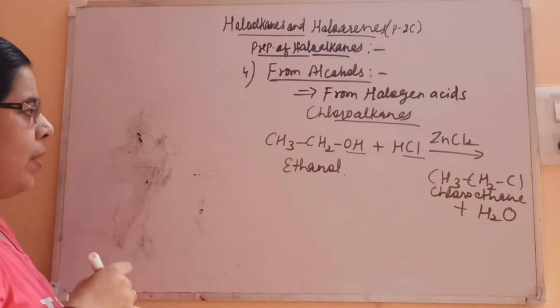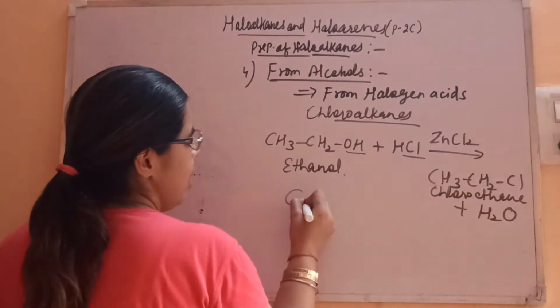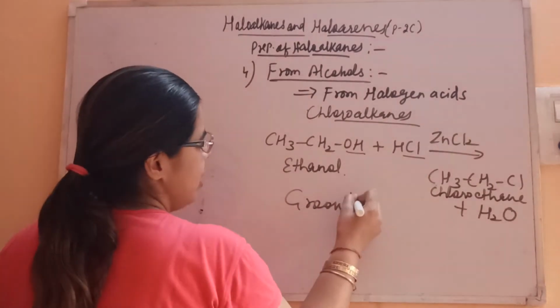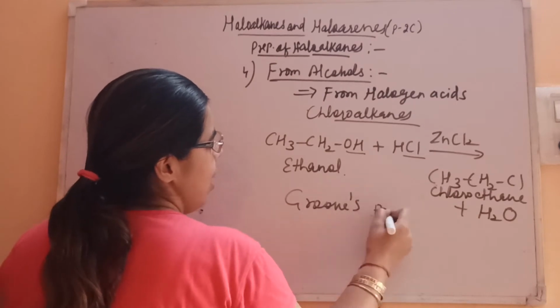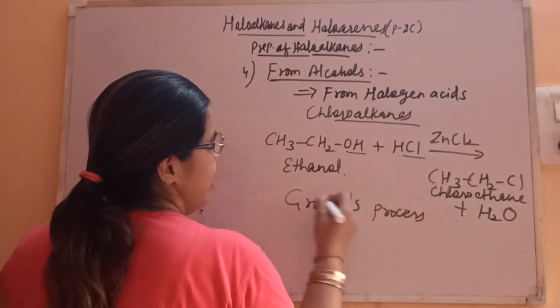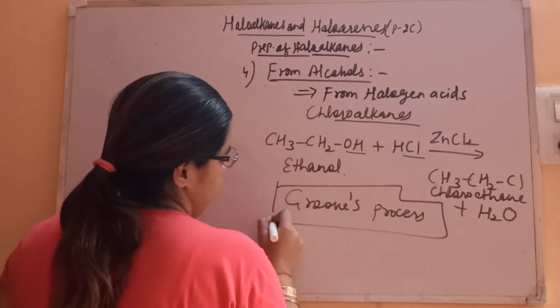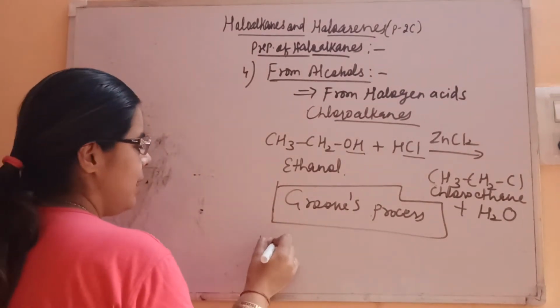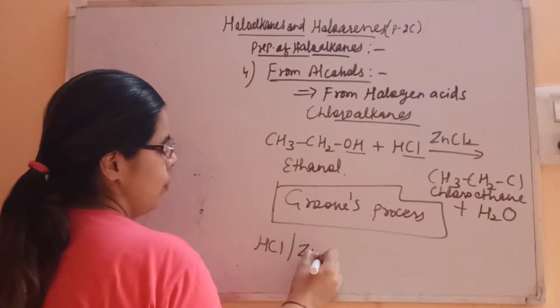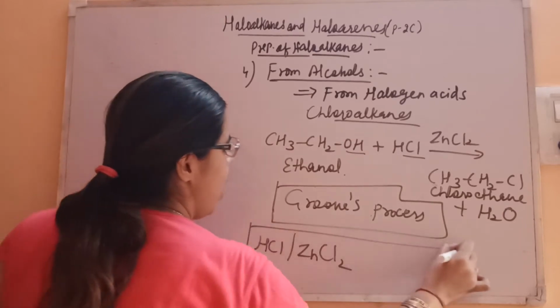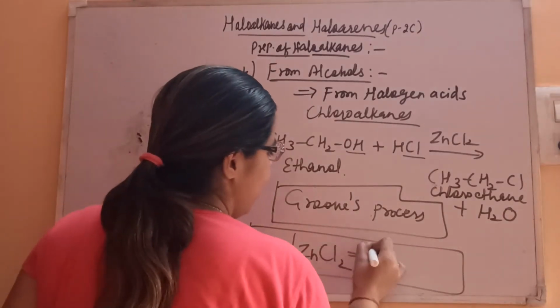Now this process is known as Groove's process, as it is taking place in the presence of HCl and ZnCl2. This reagent, HCl and ZnCl2, is known as Lucas reagent.